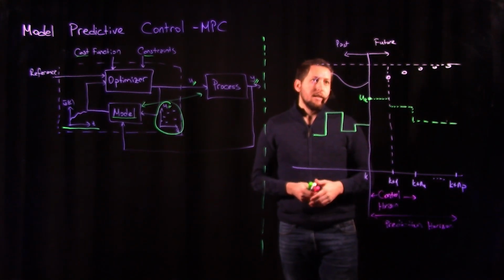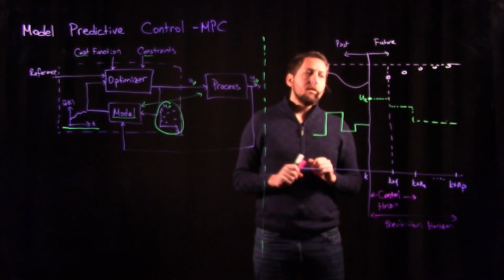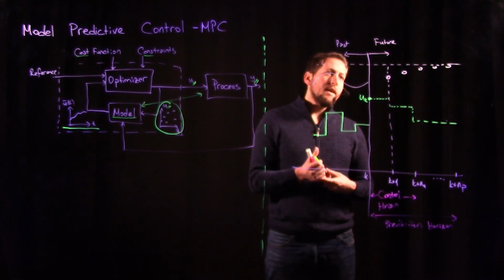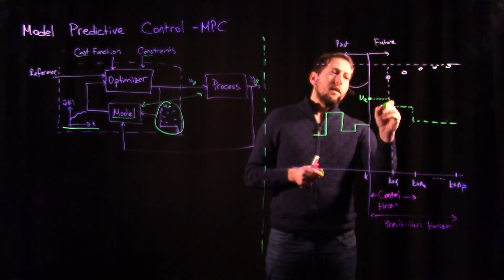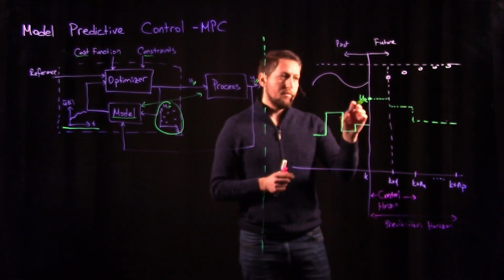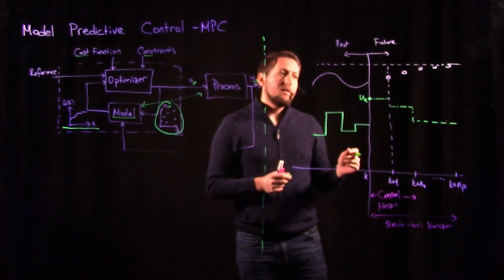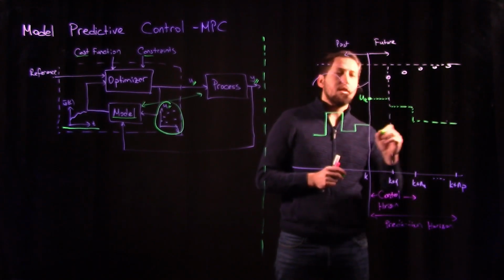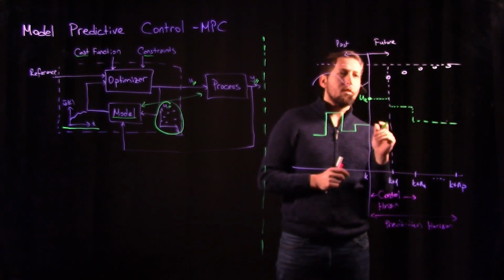We made our calculations, our optimization routines, and determined the control signal u_k. We are applying it, but in the next time frame, most of the time, depending on how you set the implementation of model predictive control, you can also continue with the planned sequence for a certain amount of time.